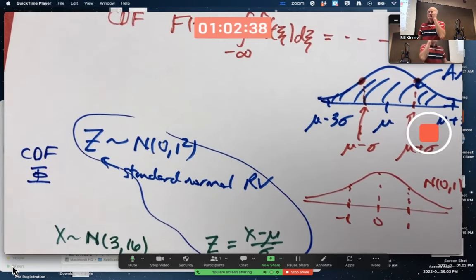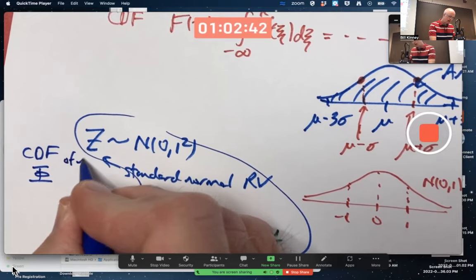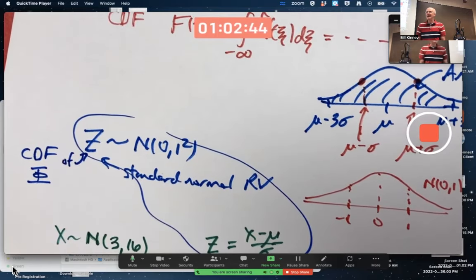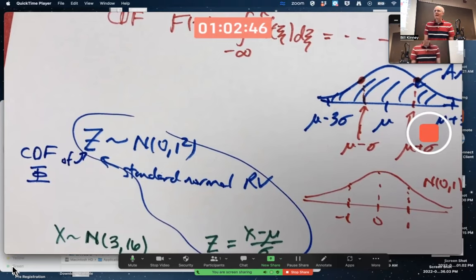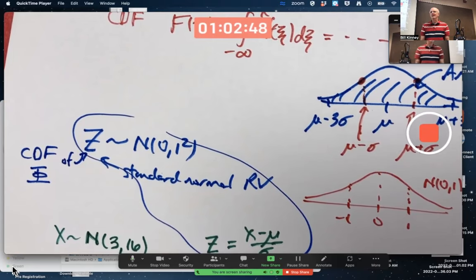That is a standard symbol for the CDF of a standard normal random variable. You'll see it in some books. Our book doesn't bother with it, but you'll see it in some other books and maybe online and that kind of thing. Okay, so if you do, that's just standard notation for the CDF of a standard normal random variable.